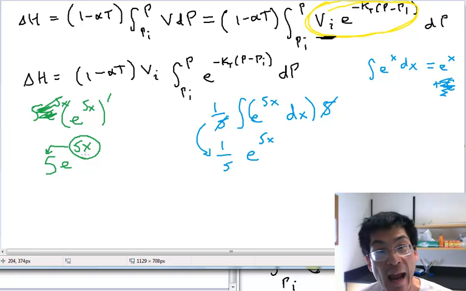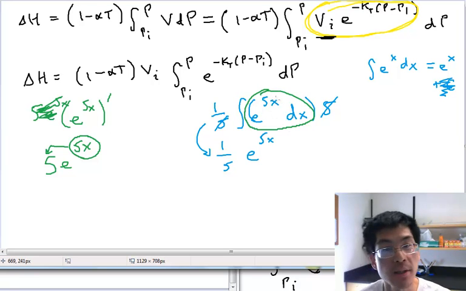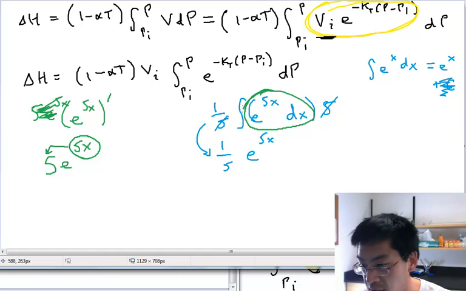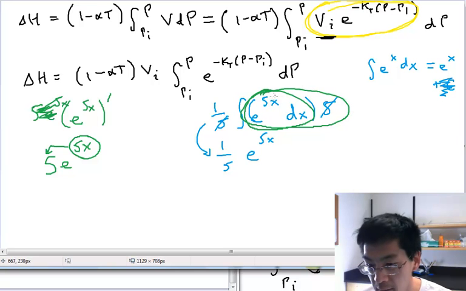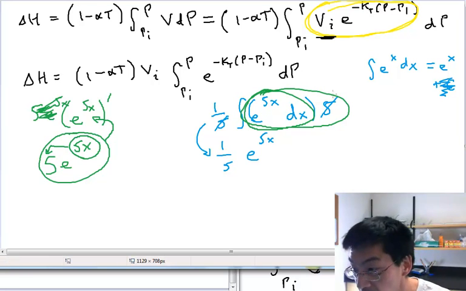So because of that, and because integration is just anti-derivation, when I have the integral of e to the 5x dx, I can't do it unless it's really the integral of 5e to the 5x dx. Why? Because the antiderivative of 5e to the 5x is easy. It's just e to the 5x, as we just saw in reverse.